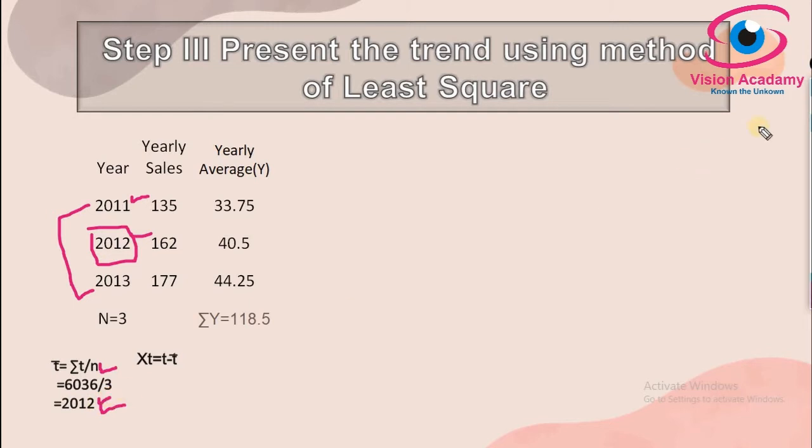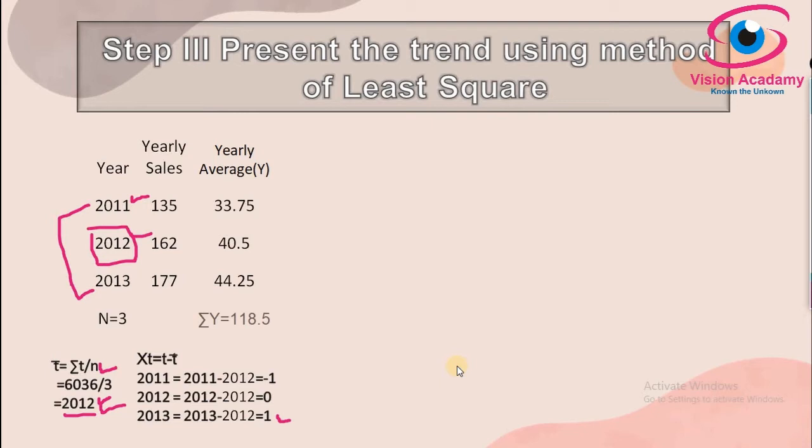Now let us find xt for each year: 2011, 2012 and 2013. For 2011, t is 2011 and t bar is 2012, so 2011 minus 2012 is minus 1. For 2012 it is 0. For 2013 it is plus 1.